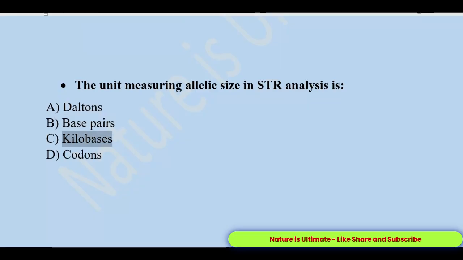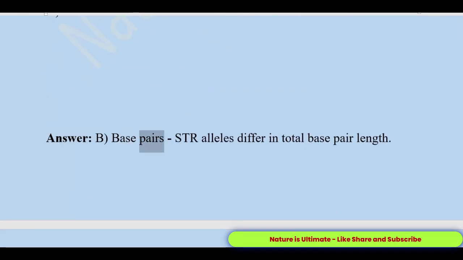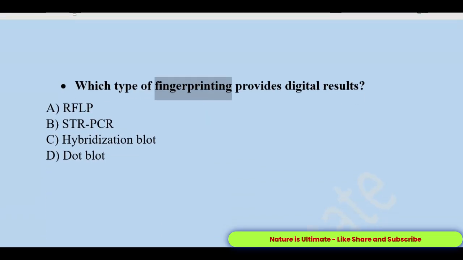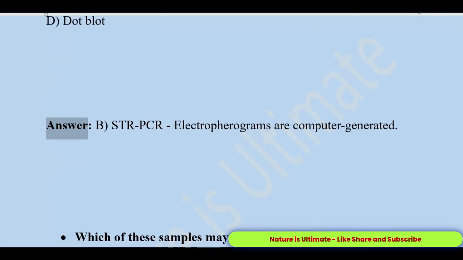C. Kilobases. D. Codons. Answer, B. Base pairs. STR alleles differ in total base pair length. Which type of fingerprinting provides digital results? A. RFLP. B. STR-PCR. C. Hybridization blot. D. Dot blot. Answer, B. STR-PCR. Electrophoregrams are computer generated.